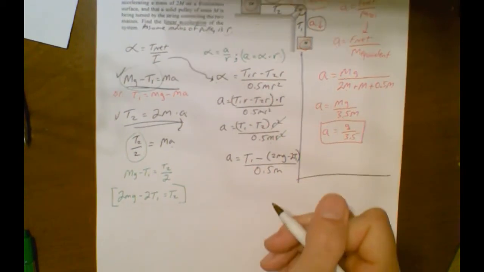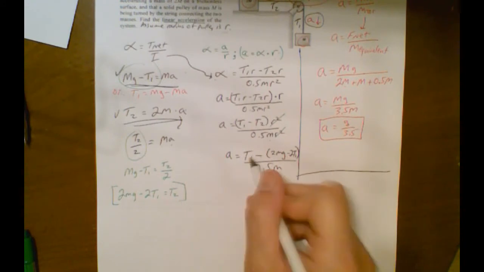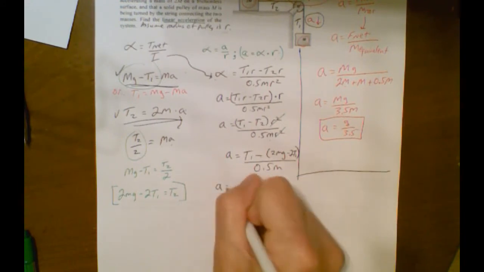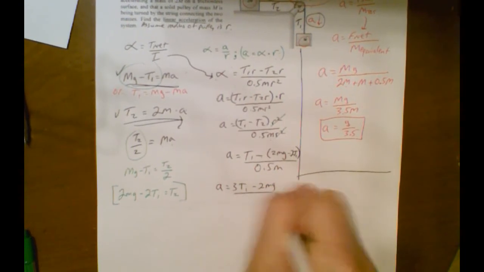So now what I can do, minus a negative is the same as a positive, so I'm going to say a is equal to 3T1 minus 2mg over 0.5 m.